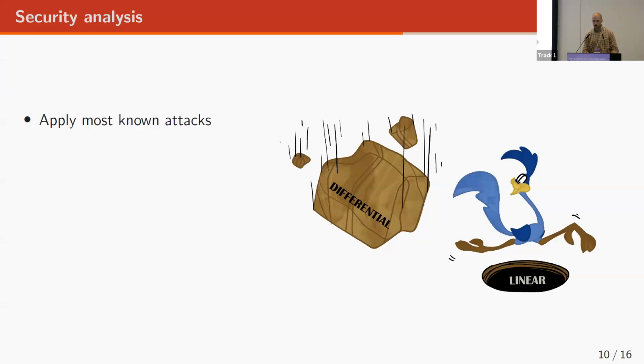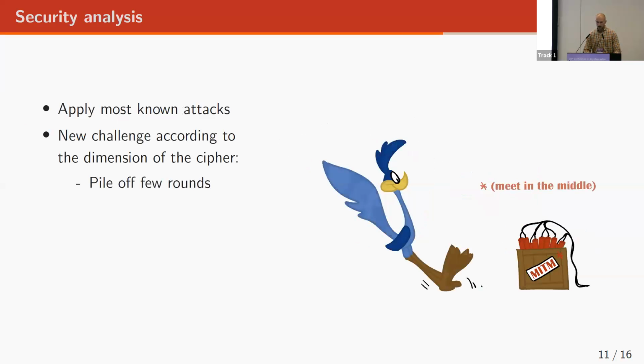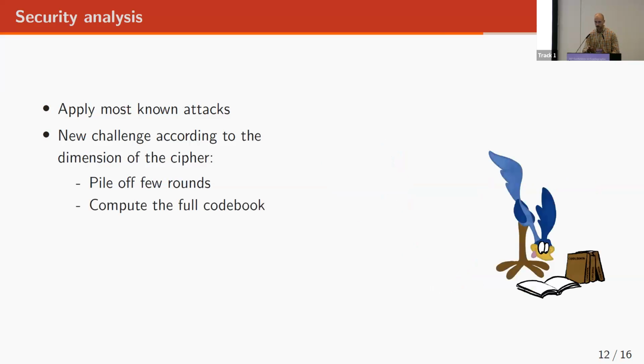That allows us to exhaustively compute many properties, many characteristics, and also to do things like peeling off one round, because you can exhaustively guess, for example, 24 bits of the round key, and therefore you can do that for many rounds, which you cannot in a normal cipher with bigger dimension.